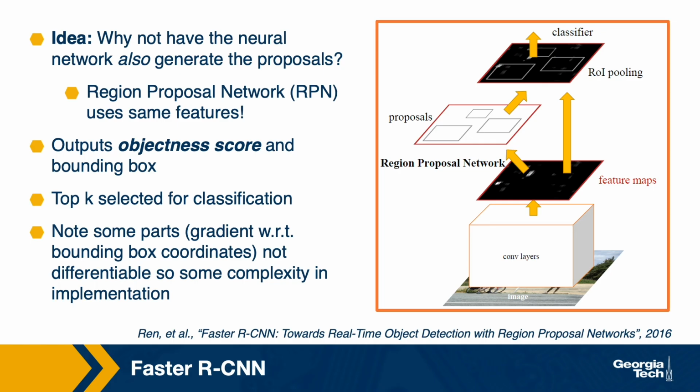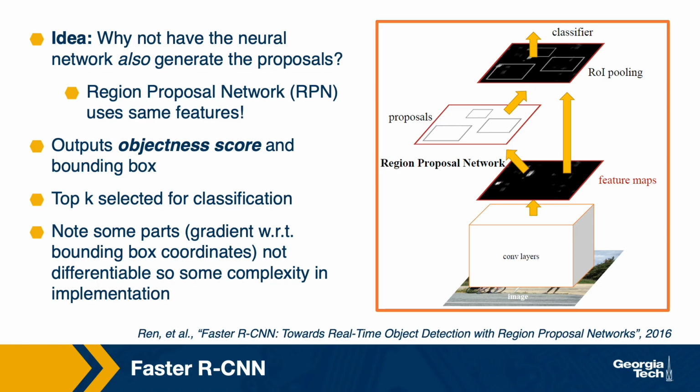So if you note here, now we'll have 4 losses. We'll have a classification objectness score for the region proposal network, which will also have bounding box regression loss. And then at the end, we'll have another classifier that classifies not between object or not object, but across however many categories we have, and then another bounding box regression or refinement.